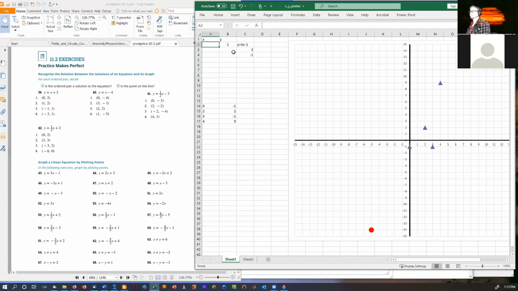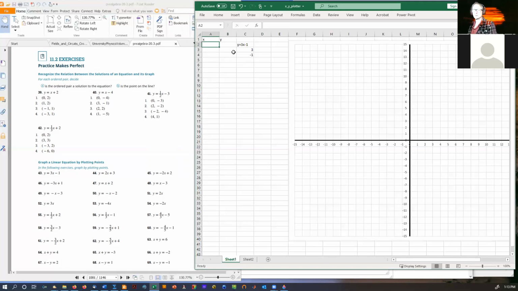All right. So we'll go down here. And the function that we're going to graph, oh wow, look at that, y equals 3x minus 1. Okay, so we can just do it up here.